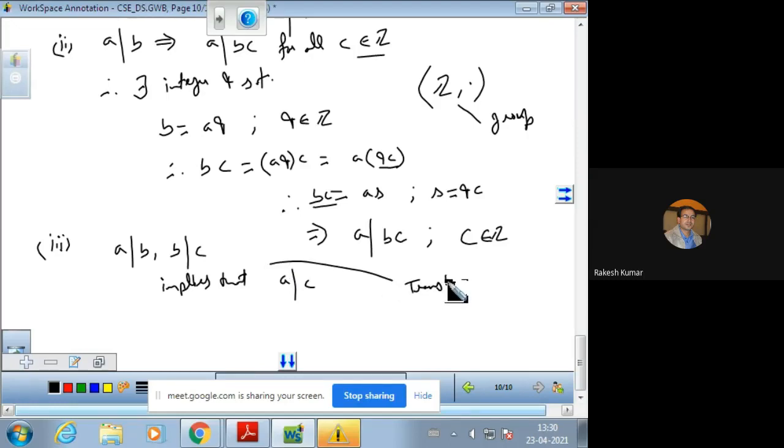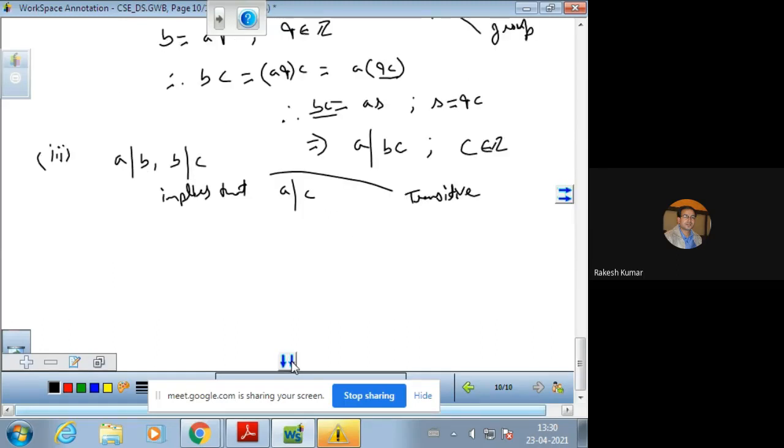This has already been discussed in your class: the transitive property or transitive relationship. Just like that, if a line L1 is parallel to L2 and a line L2 is parallel to L3, then L1 must be parallel to L3.